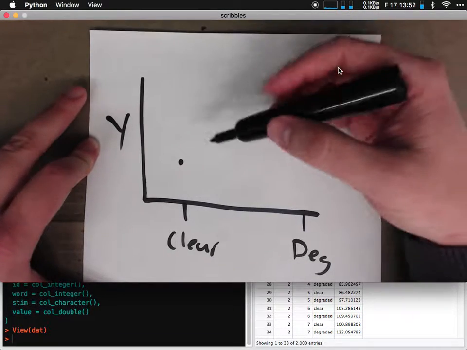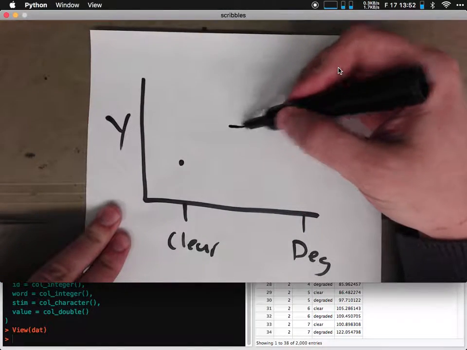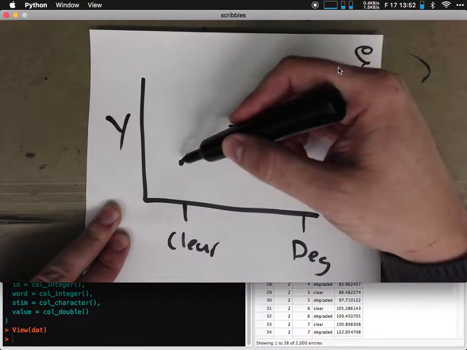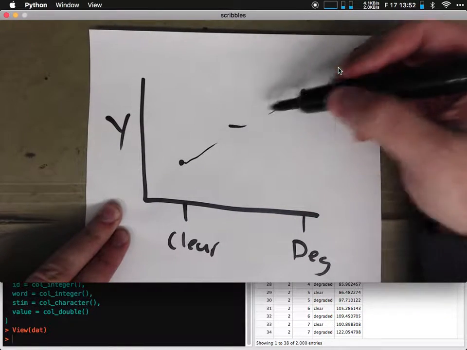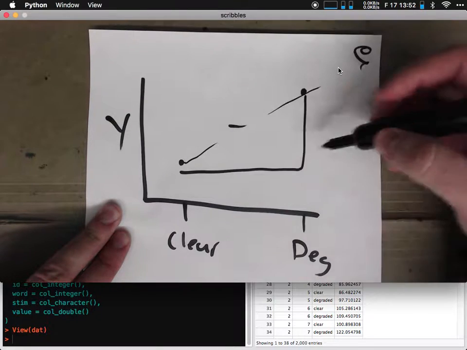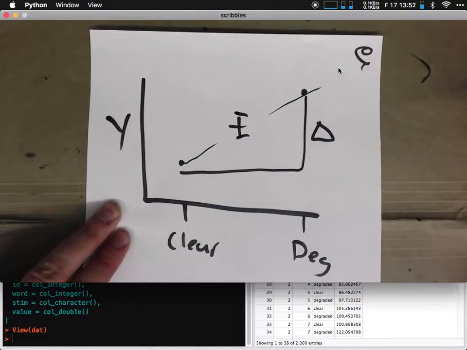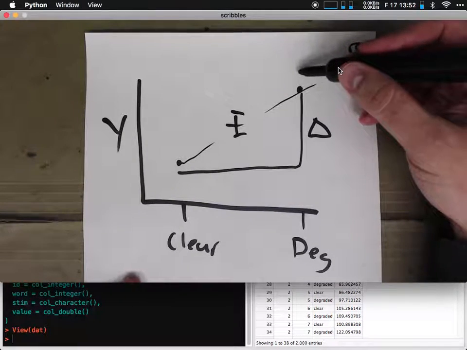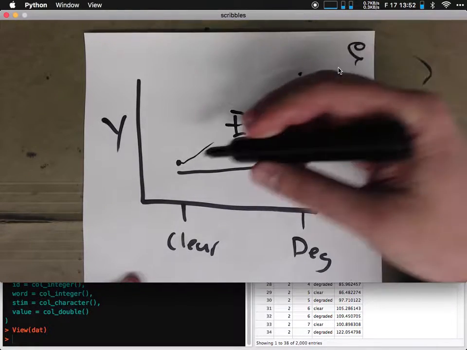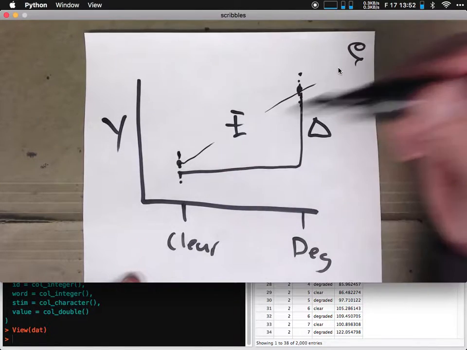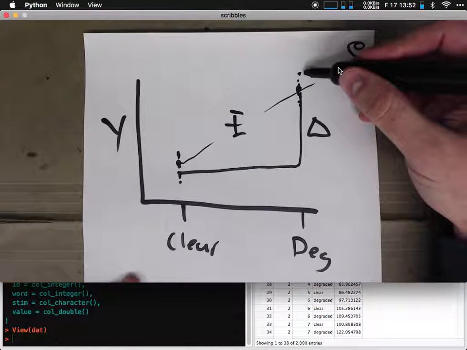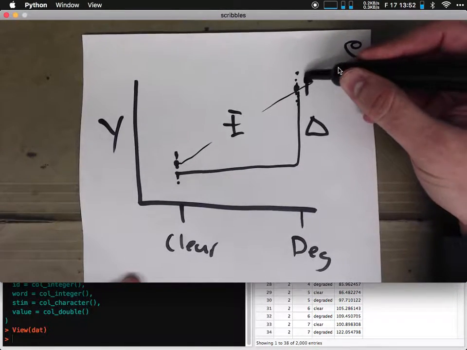So for a given person, we can compute the intercept point, the halfway point between the two, and we could also compute the difference. So I'll say intercept here and difference there. But we actually have a whole bunch of observations within each of these points, so we can also estimate the magnitude of measurement noise.